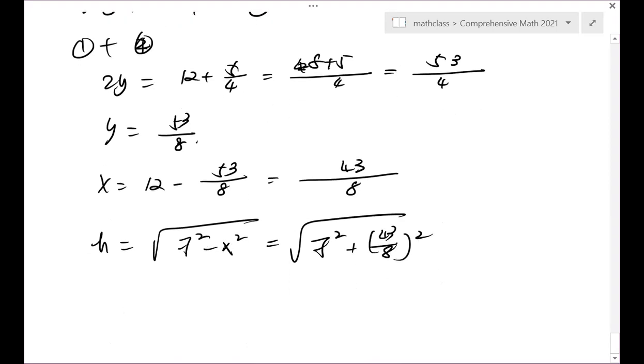So that's it, then you get h. So the area is going to be half of the base times h. All you have to know is just the height of the triangle. So it'll be 6 times h.